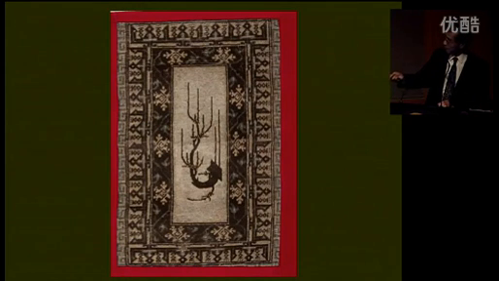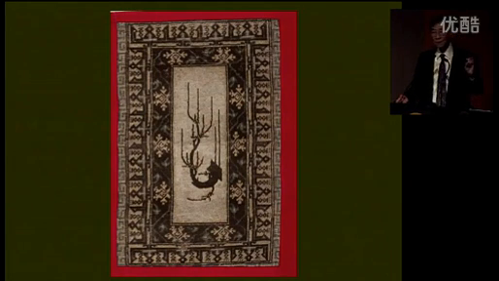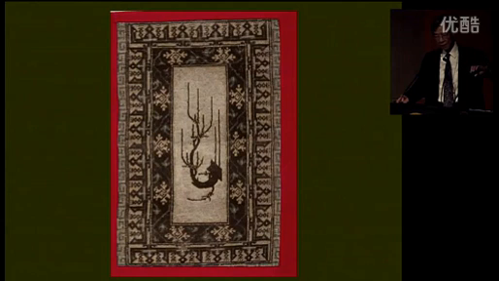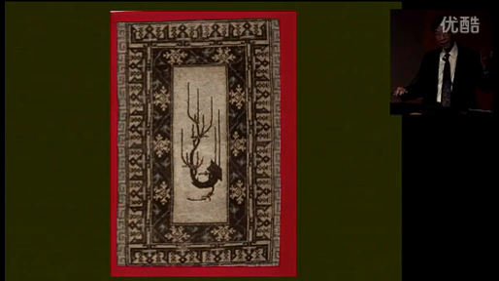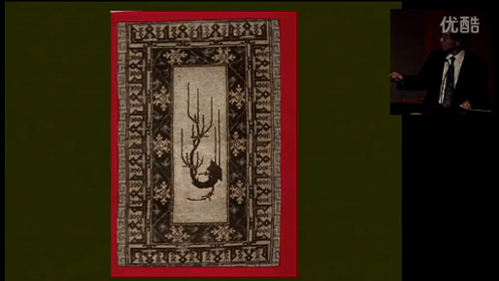Here in the center you have one of the most common subjects in Chinese painting, which is plum blossoms. They were originally blossoms, but they've fallen out. If you look at the back of the carpet, you can see quite clearly beautiful blossoms on these branches.